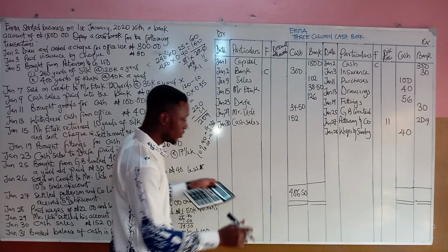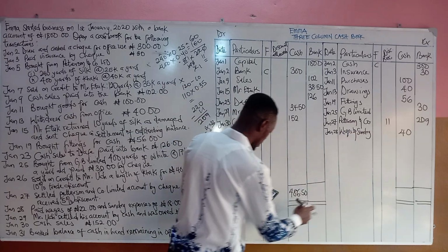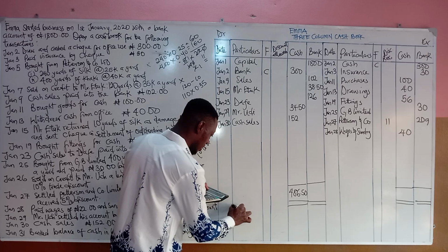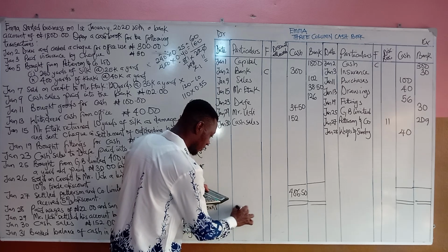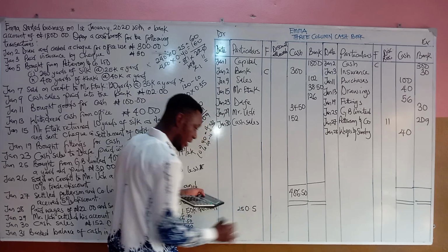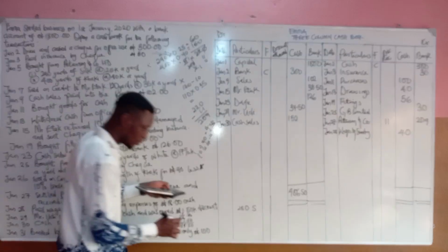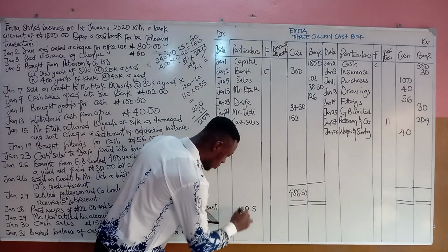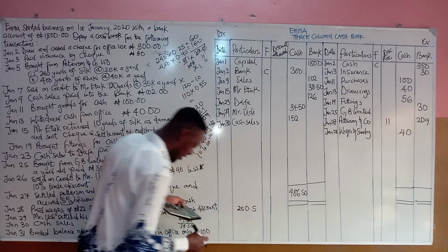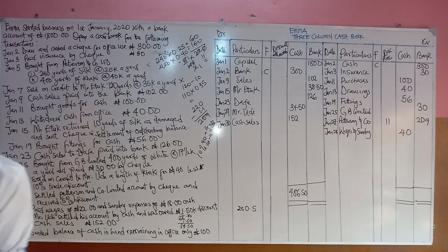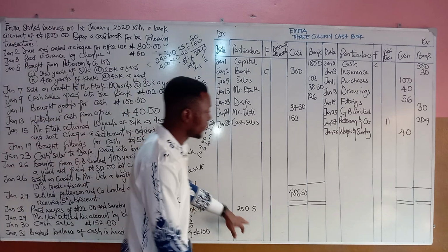Now, when we minus this from here, we are supposed to have a balance of 250 naira 50 kobo. Yeah, about that. Sorry. 250 naira 50 kobo.